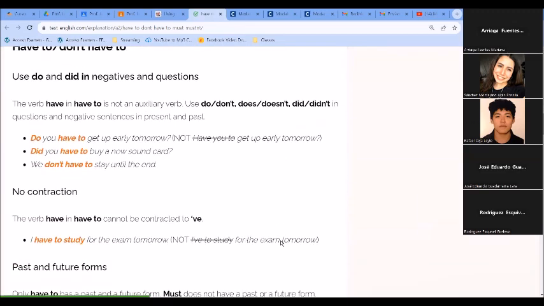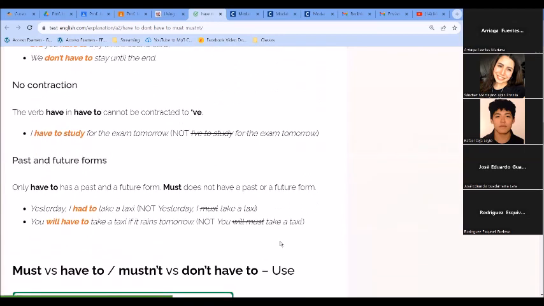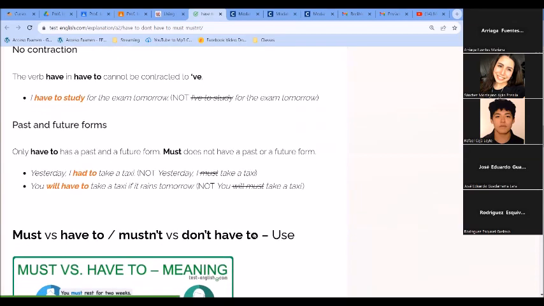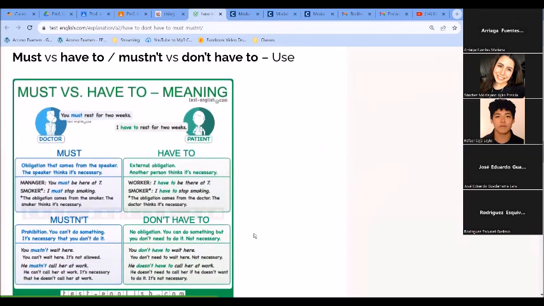Now, had to, like we saw just now, is the past form of have to. We use it like this. With must, the obligation is me. Or with have to, the obligation is on the other person, or the person believes it's true.